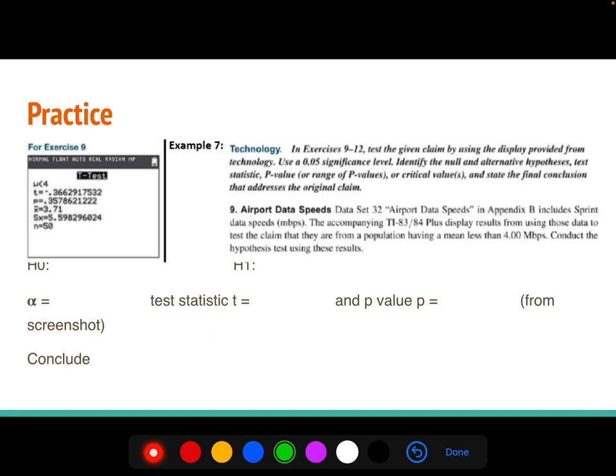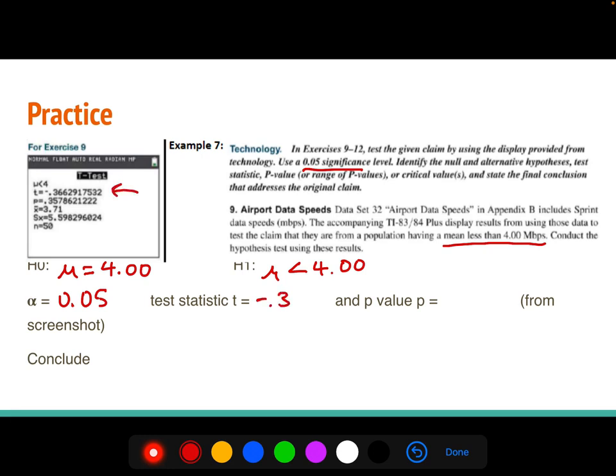Okay, a little bit more practice. With their airport data speeds, our H naught was mu equals 4, and that's right here, mean less than 4, and our alternative is mu less than 4. Our significance level is 0.05. The test statistic T, we can tell that from the screenshot.